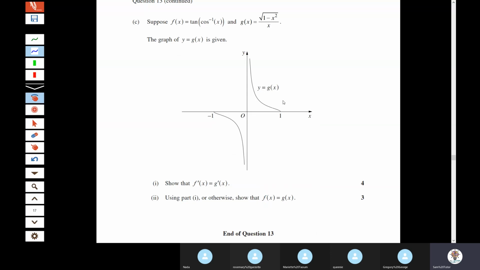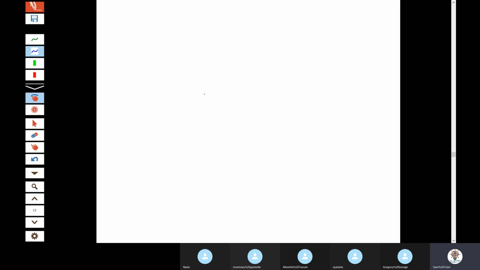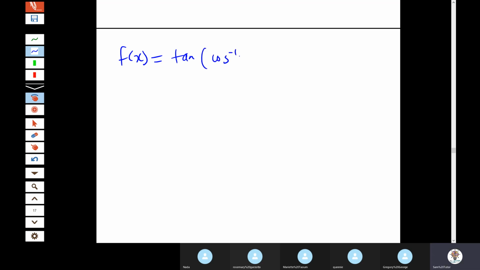I need a page. All right. I need it up here. So f of x equals tan inverse of cos x. G of x equals root (1 minus x squared) on x. Correct? All right, I'm going to start off with g of x.